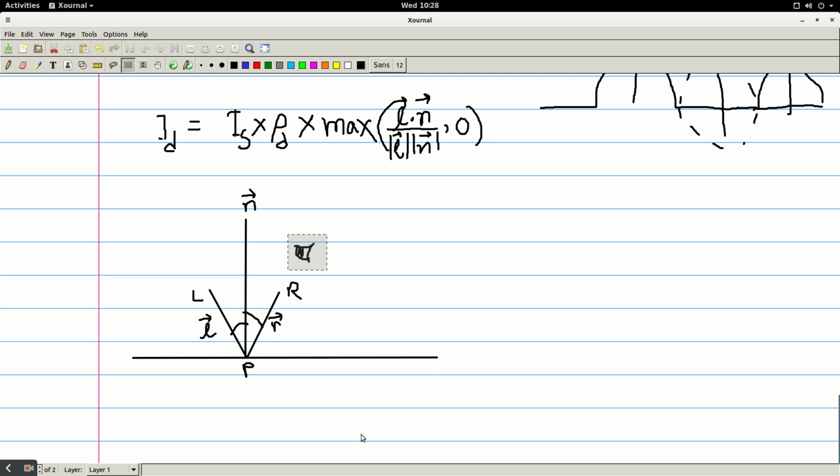It will be really bright. But if the viewer moves away from the line of the reflection to somewhere over here, then the viewer will see less light. So this is not really with the normal, but more so with the reflection vector.